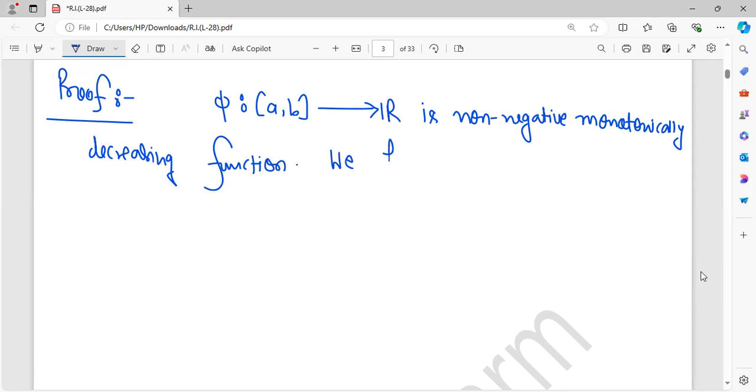We know that monotone functions are Riemann integrable.